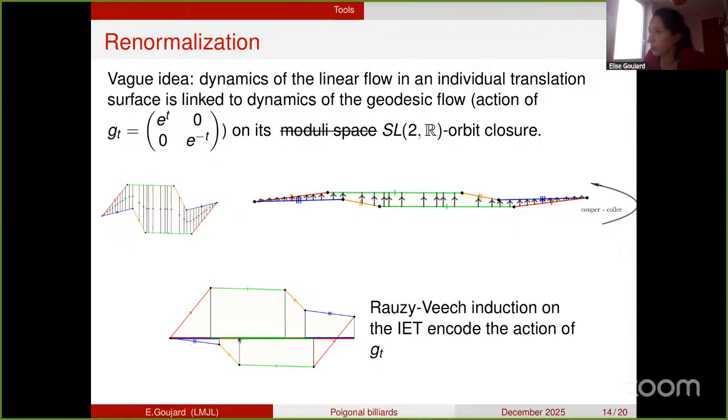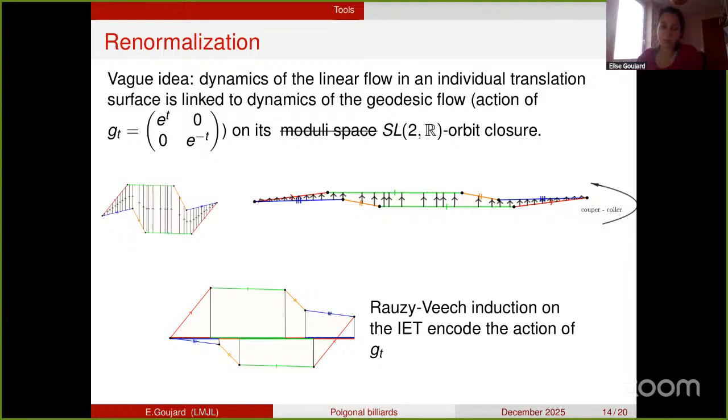Okay, so I tried to picture that on this. I think Magali will go back to this later. And let me just say that there is an induction on this interval exchange that encodes in a way the action of the geodesic flow on the moduli space. So this is how we use renormalization in practice.